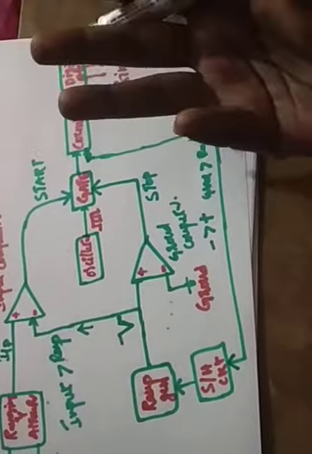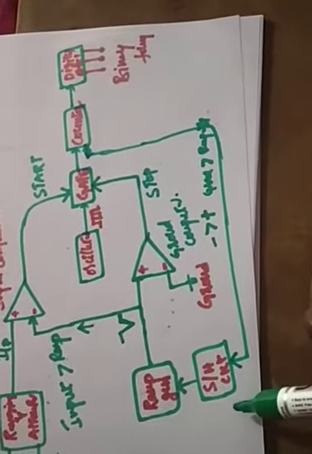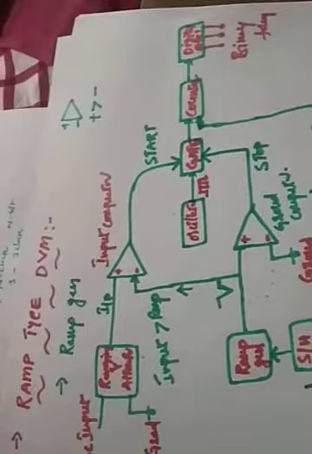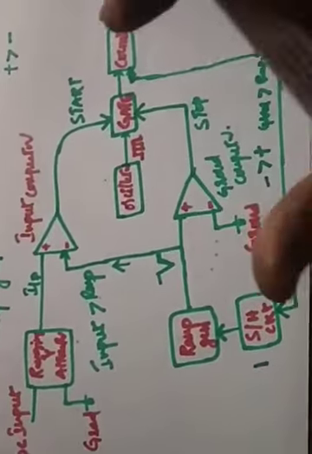The counter stops counting and the sample and hold circuit will send a signal to the ramp generator to generate another ramp signal for a fresh value of analog voltage to convert to digital form. So this is how the ramp type digital voltmeter works.